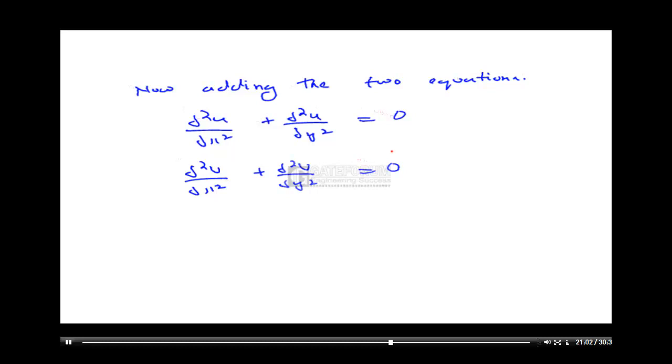So this is called a Laplacian function or a harmonic function. When this condition is satisfied, it becomes a harmonic function. So we can say analytic functions are also harmonic functions.